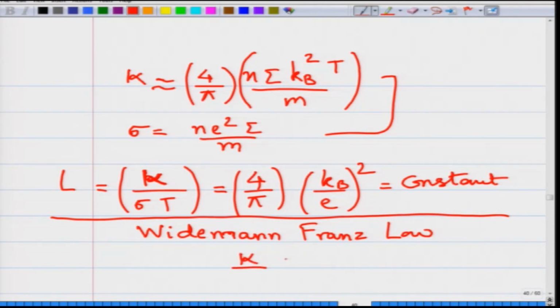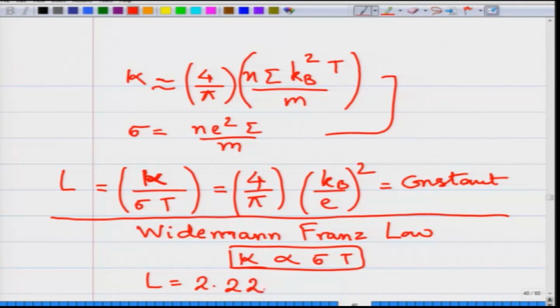The thermal conductivity is proportional to sigma times T, and this constant L which we have here has a value of about 2.22 into 10 to the power of minus 8 watts ohm per Kelvin square.